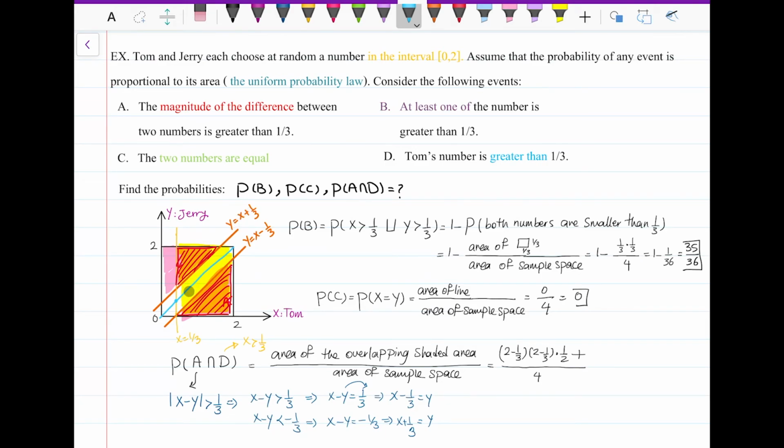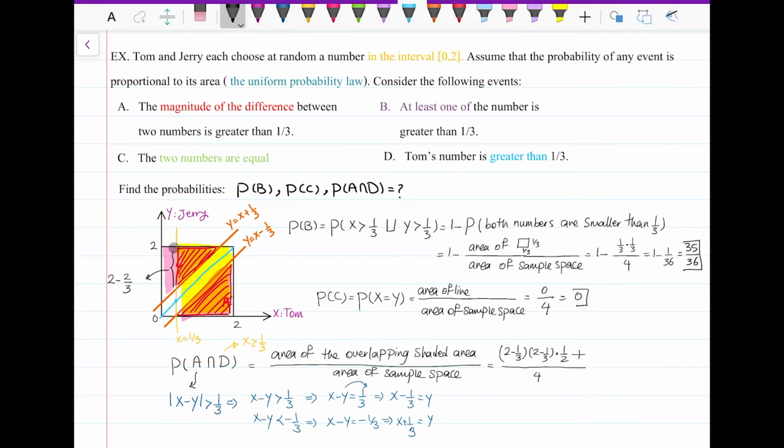So this side in here would be 2 minus 2/3. Because this little part is 1/3, this little part is 1/3.